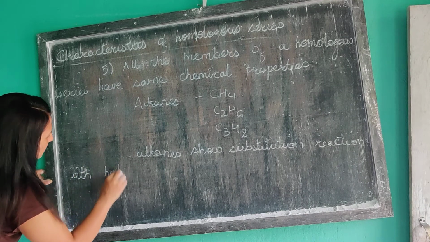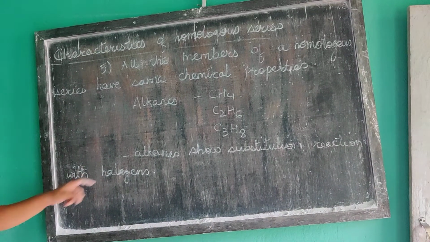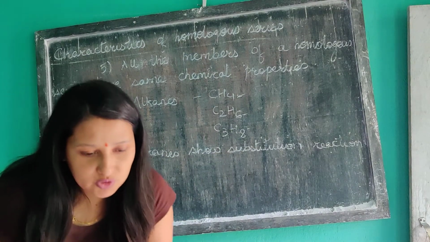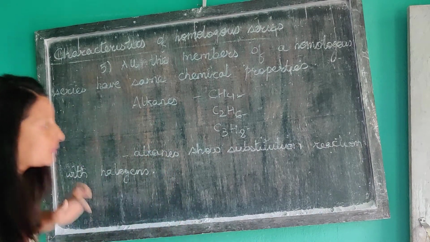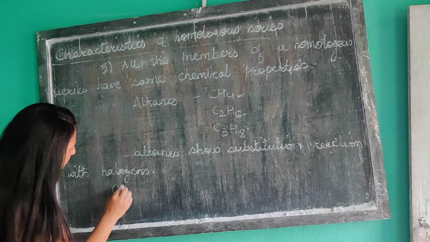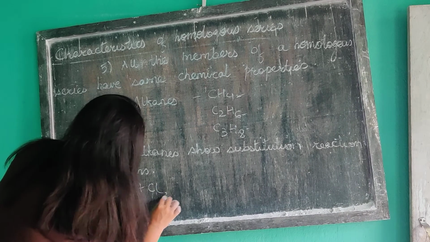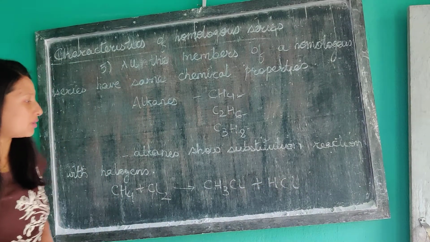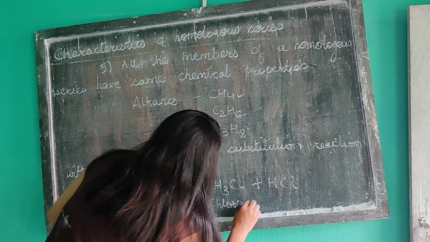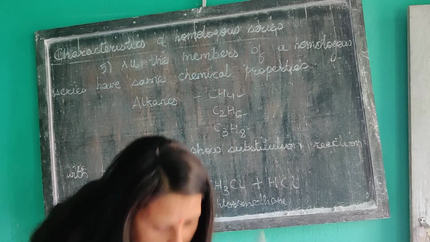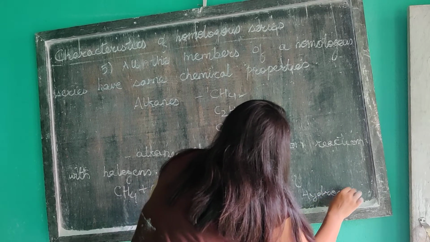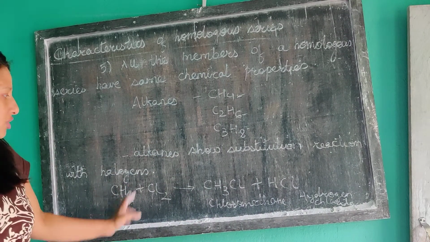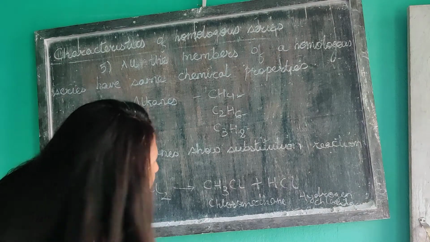Halogens means chlorine, bromine, fluorine, iodine, astatine. With all of them, whether it is this alkane or this member, all show substitution reaction with chlorine. Let me give you one example. Like this methane, methane will react with chlorine to give chloromethane, this is chloromethane, and this is hydrogen chloride. So in this way all the members of the alkane will show substitution reaction.